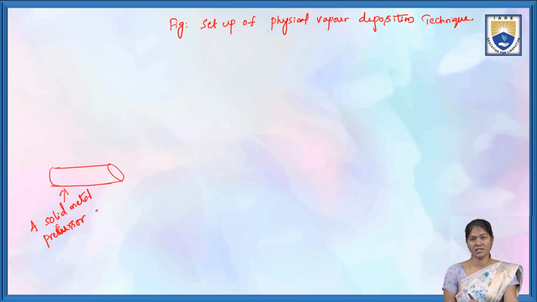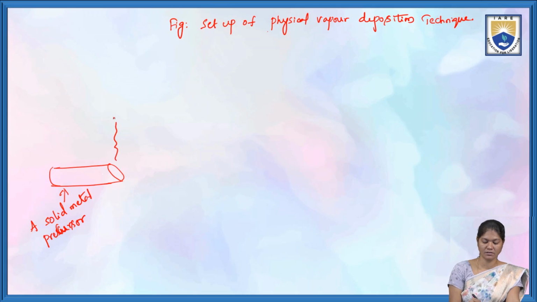So when we heat this solid metal precursor, it comes into vapor state. That is, we are applying some jets of thermal energy.